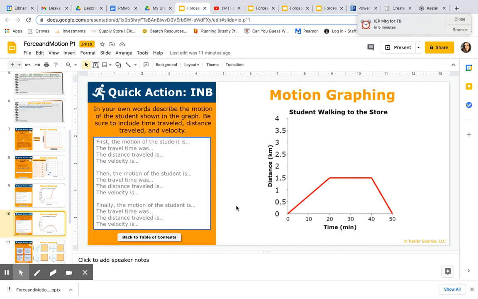And the velocity, what's the velocity? This number divided by this number. And then finally, the last motion was what? The travel time was what? The distance traveled was what? And the velocity is what?